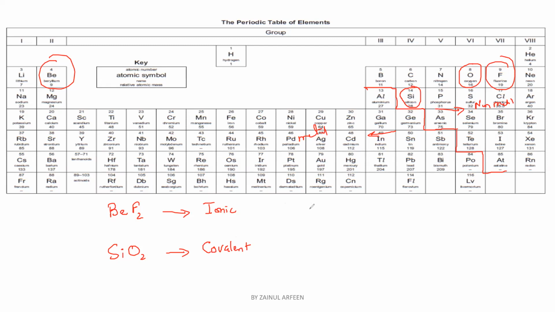Same way, if I say carbon, only carbon, C, what kind of bonding will be there? Carbon is a non-metal.